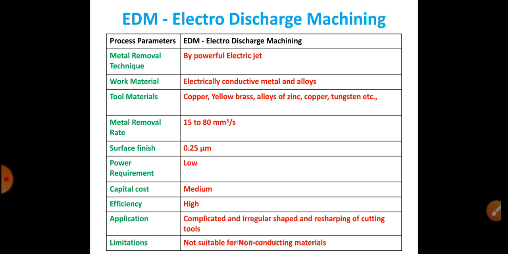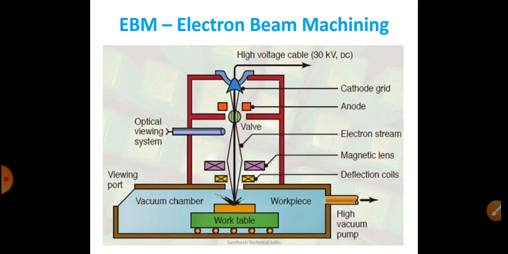The power required is very low, capital cost is medium, good efficiency. That is why very complicated and irregular shapes can be made. Resharpening of cutting tools, very hard cutting tools, can be easily done. The limitation is it is suited for conductive material only, therefore non-conductive material cannot be used.